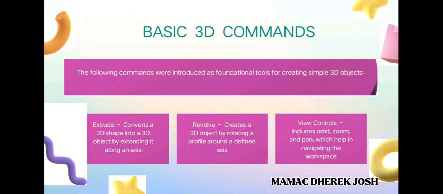So, instead of pulling a profile outward, revolve rotates or spins a 2D sketch around a chosen axis to form circular or symmetrical objects. So, think of it nga na-place niya into a piece of paper beside sa linya and spinning it 360 degrees to form a full object.